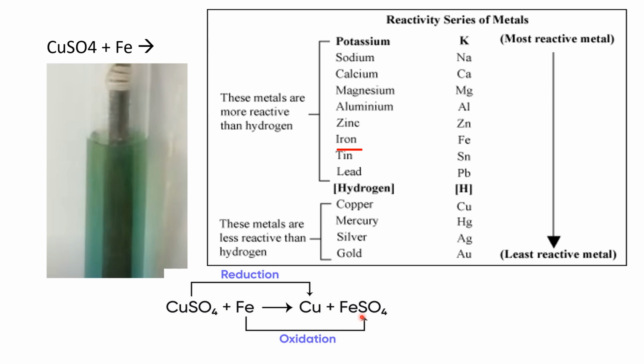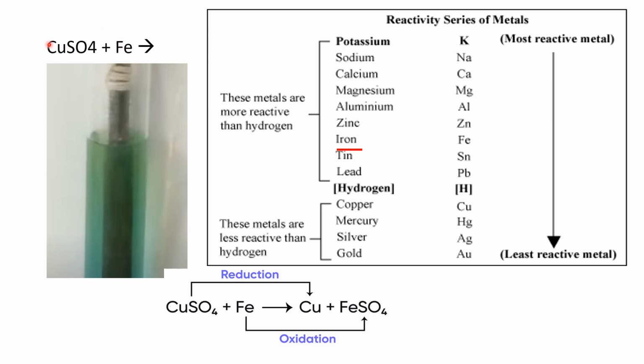Okay, so what is the driving force here? It's iron being located higher than copper. So iron is above copper in the series. So iron is able to displace copper in its compound copper sulfate.